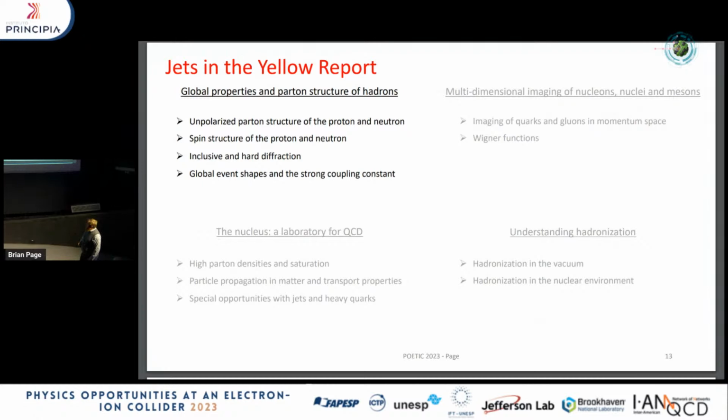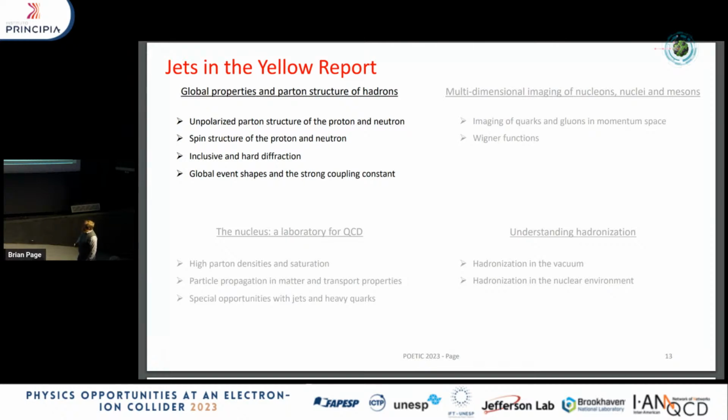So I mentioned the yellow report and how it was broken down into a number of different science areas, and just to orient us, I'll try to go through in some kind of order some of the measurements that are associated with each of these. So maybe not every bullet is represented in this talk, but if you go through and look at the yellow report, you'll see that jets touched upon all of these topics.